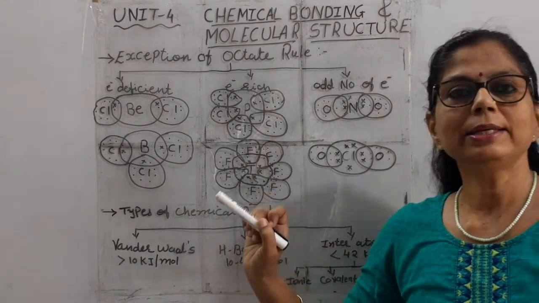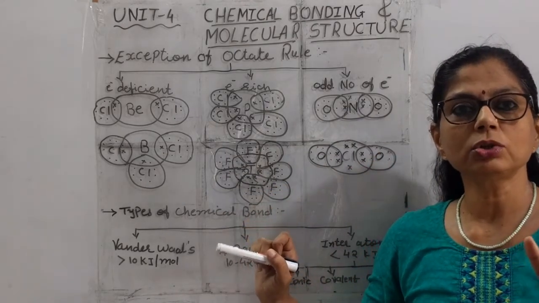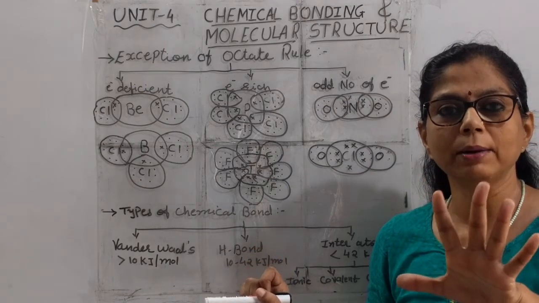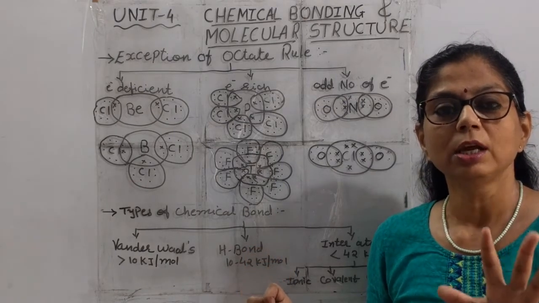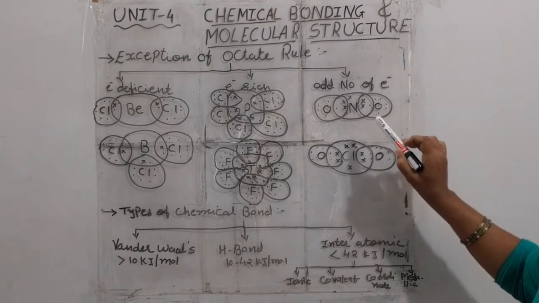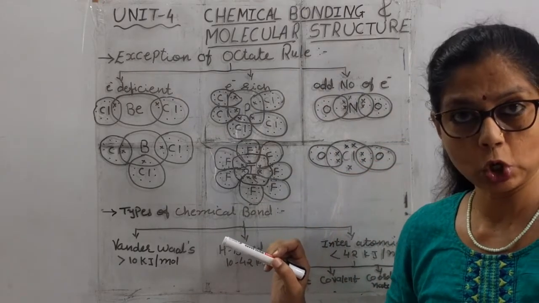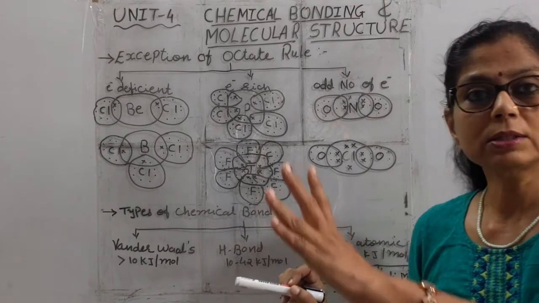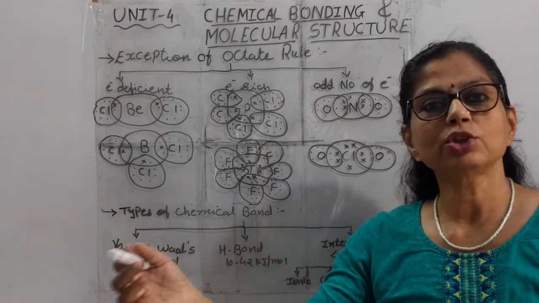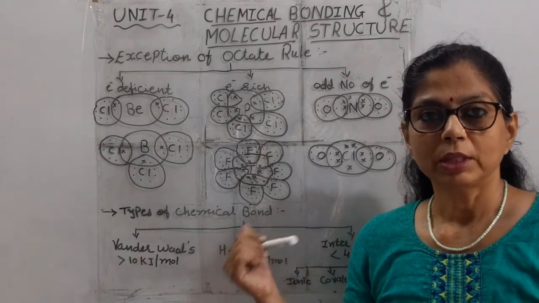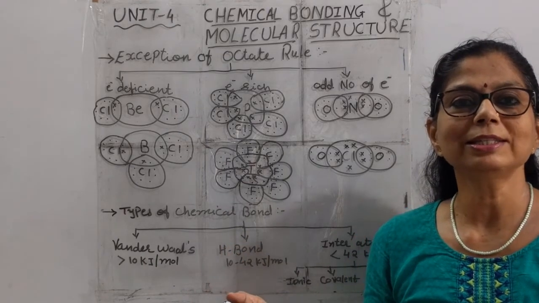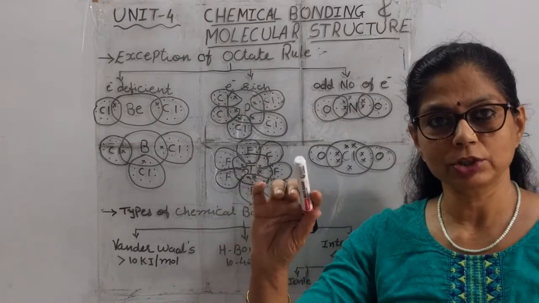Nitrogen has atomic number 7, so 5 electrons are present in its valence shell. Here I have drawn the valence electrons 1, 2, 3, 4 and 5 by putting crosses. And oxygen is the next member of the group after nitrogen.